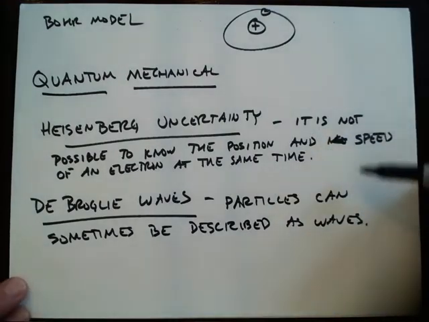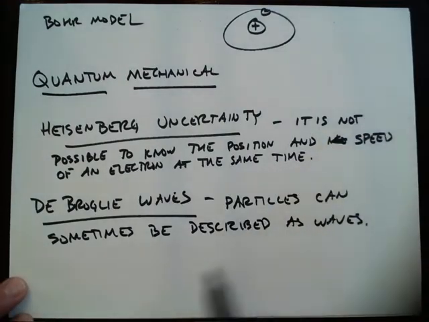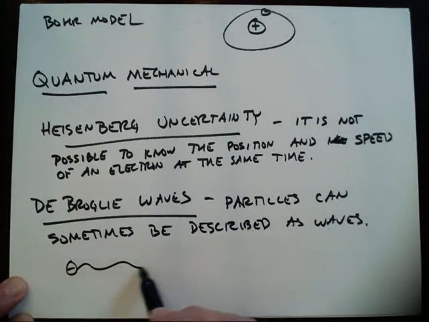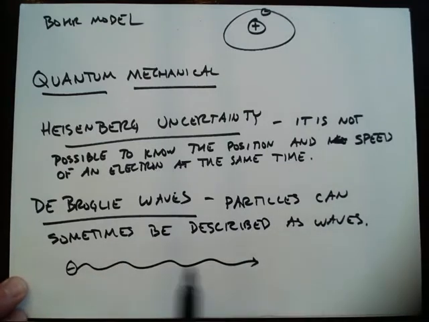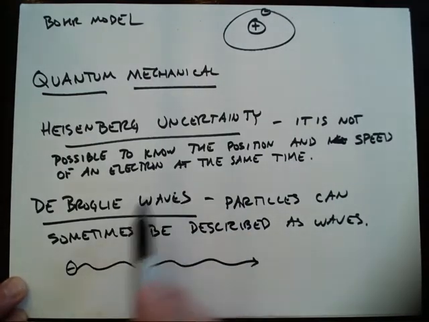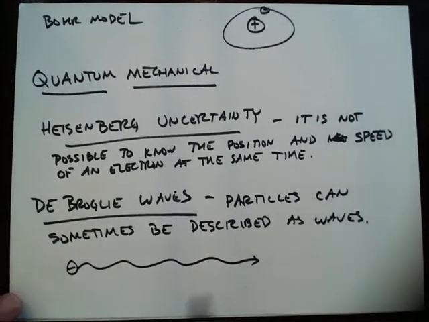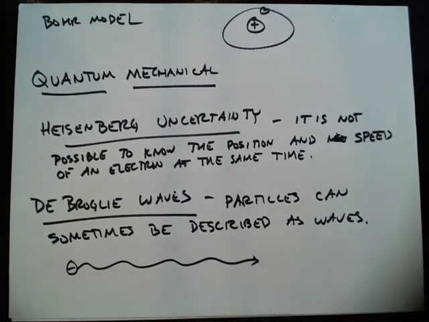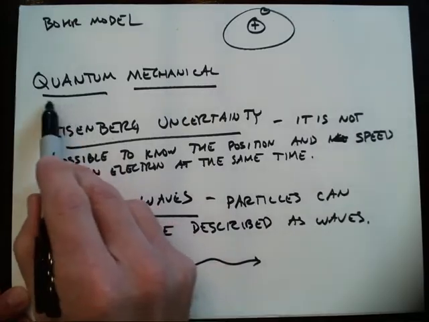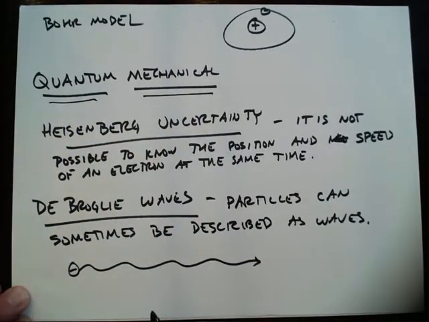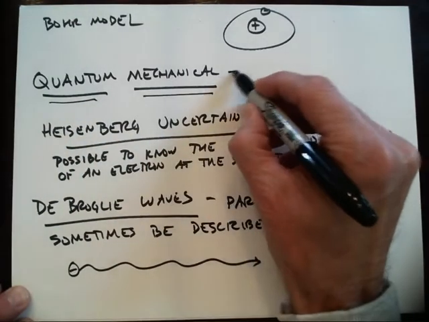And so these two ideas, that particles like an electron can be described as a wave in some instances, and of course if you can't know exactly where a particle is, this sort of lends to the idea that the particle is smeared out in space, or in that instance it's wave-like. The quantum mechanical model of the atom looks at electrons as waves.